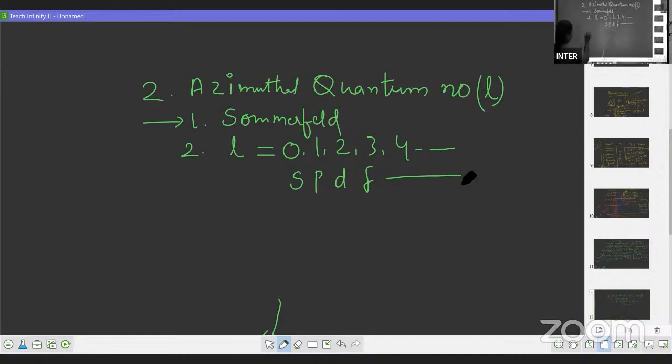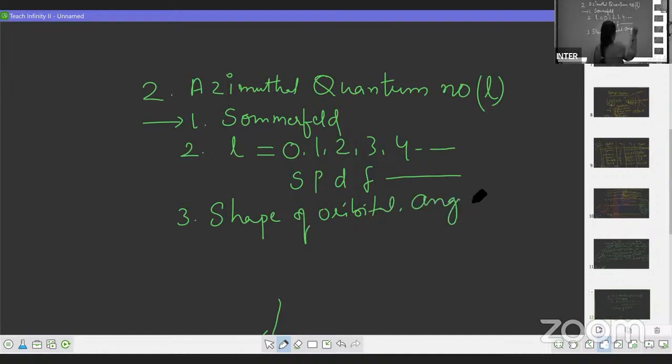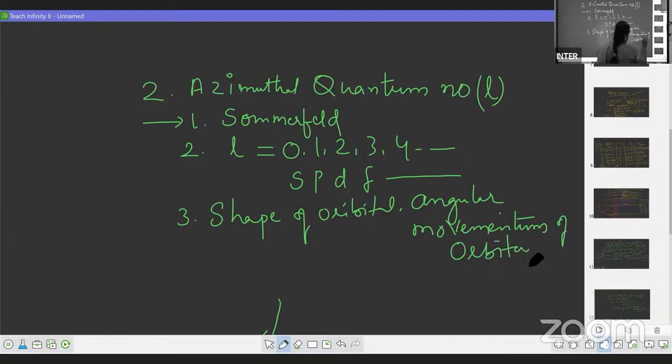Now what does this quantum number tell you? You will come to know about the shape of the orbital and angular momentum. For the principal quantum number you write one set of points, and for the azimuthal and magnetic quantum numbers you have to use the shape of the orbital and the angular momentum of the orbital.